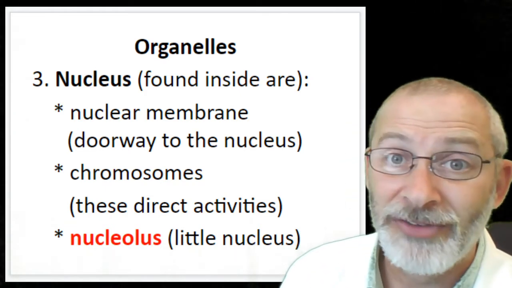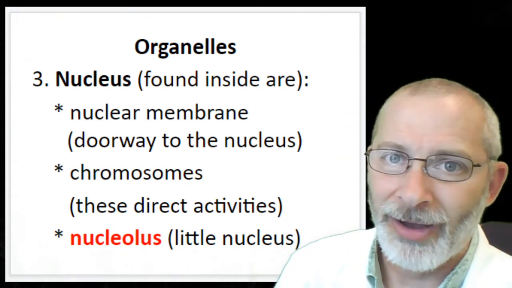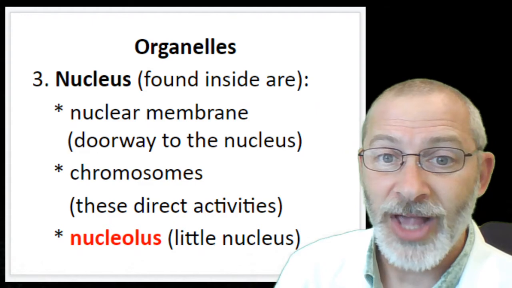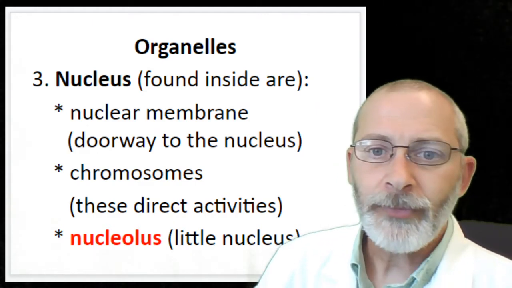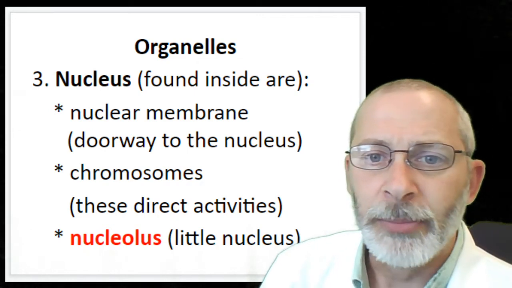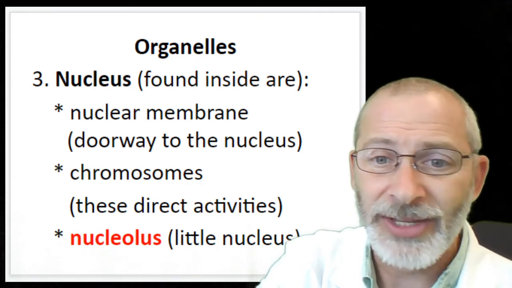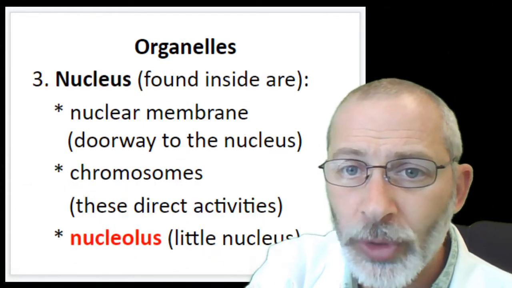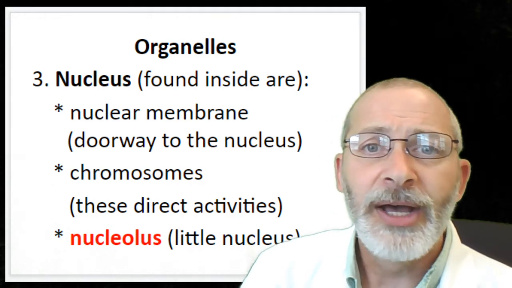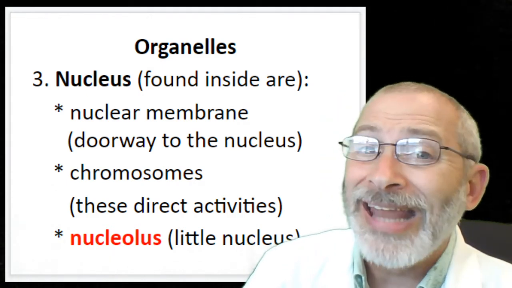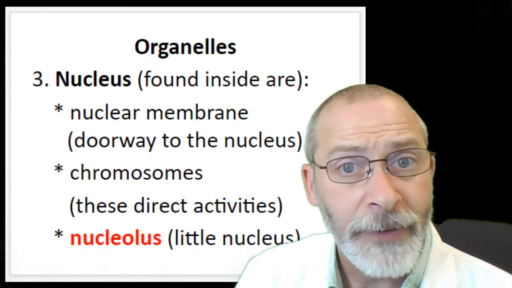Most cells are, in fact, microscopic. Not all of them, but most of them are microscopic. So here we have the nucleus, inside of which can be found the nuclear membrane, the chromosomes, and the nucleolus.